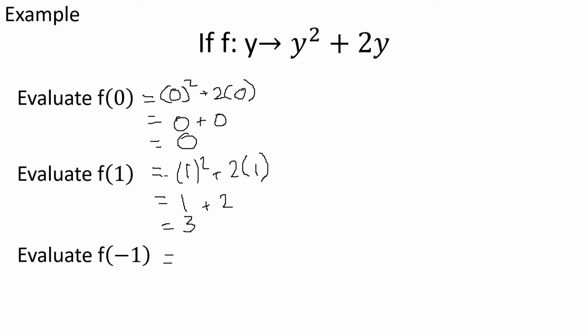So we would have -1 squared plus 2 times -1. So -1 squared is just 1, plus 2 times -1 would actually be -2. So we're then left with 1 minus 2, so we're left with -1.